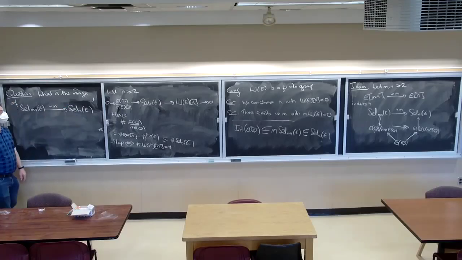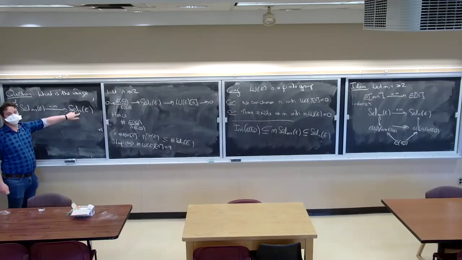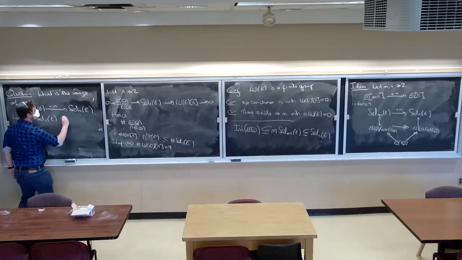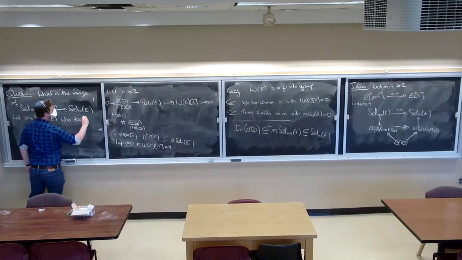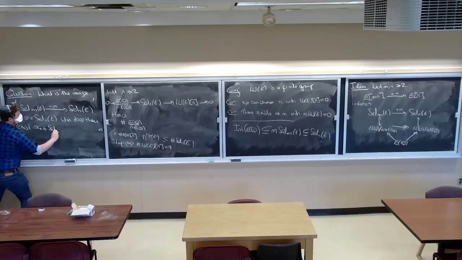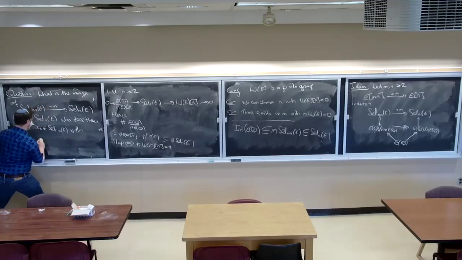And what I want to know is, well, if I have a point in this group, when is that point divisible by m? So let x be a point of the n Selmer group of E. When does there exist x0 in the Selmer group of nm with m times x0 equal to x?